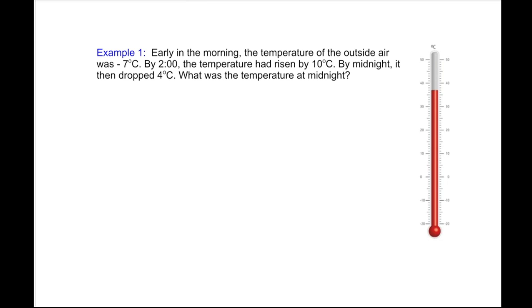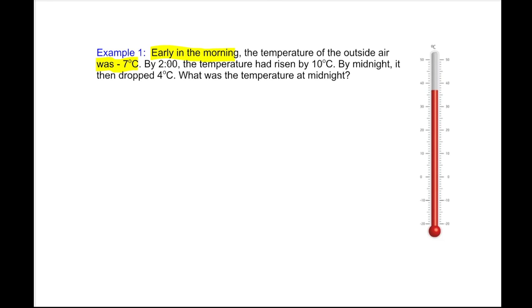Example 1. Early in the morning, the temperature of the outside air is negative 7 degrees Celsius. By 2 p.m., the temperature had risen by 10 degrees Celsius, and by midnight, it then dropped 4 degrees Celsius. What is the temperature at midnight? Anytime we have a word problem, we want to highlight or underline the key important things.